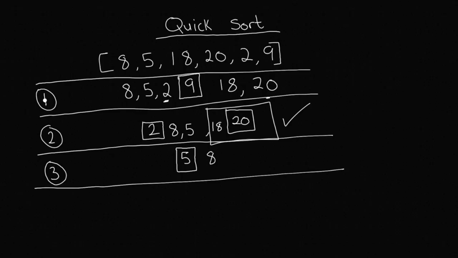So now that we've performed 3 different steps, you can think of it as us going 3 layers deep. So when we go 3 layers deep, we have to go back up. When we go back up the layers, we know for sure that whatever order we have our elements in, they will be sorted.